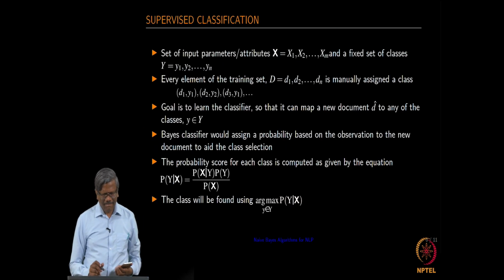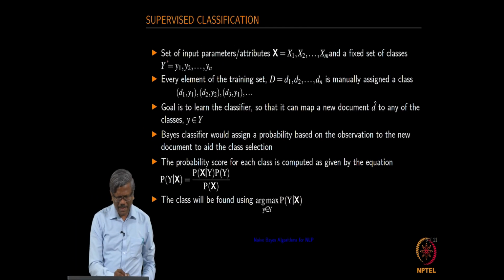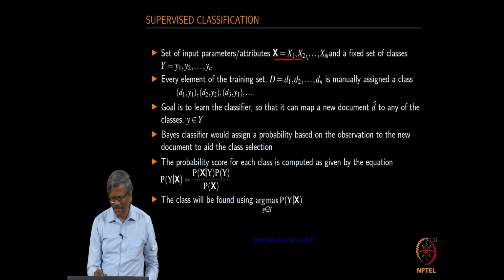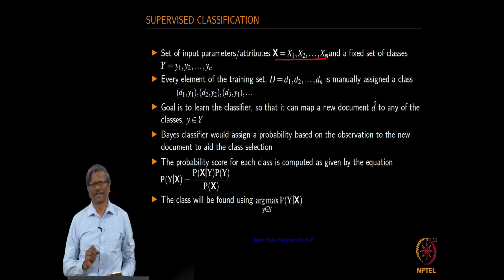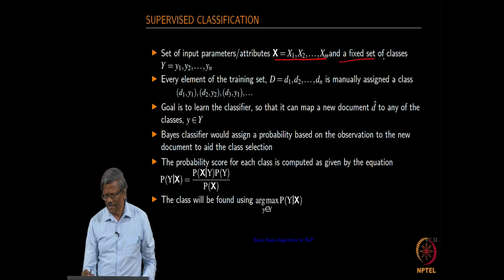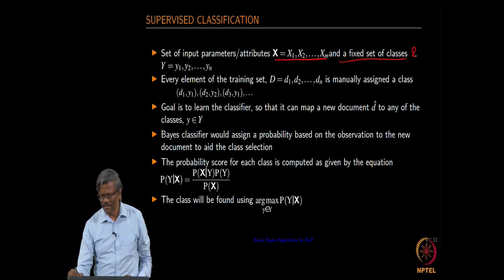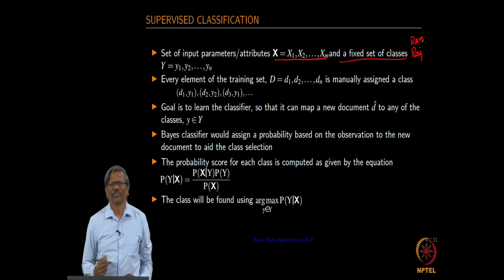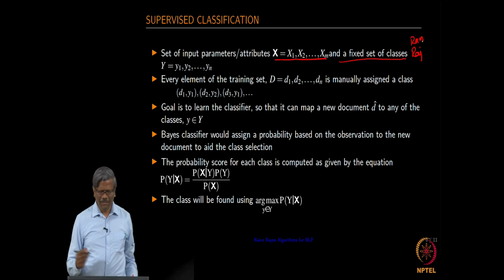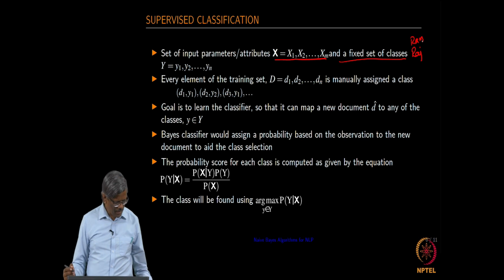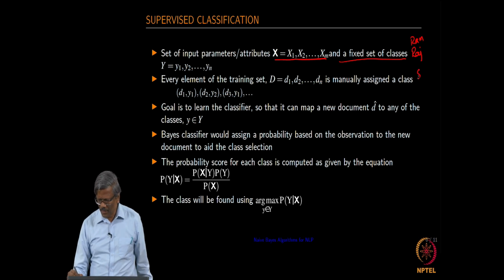All right. So, as I mentioned earlier, now we have a set of input parameters x, which can be represented like this, and we have a fixed set of classes. In this case it is 2, right. If you look at the spam based one, it is going to be spam, not spam.